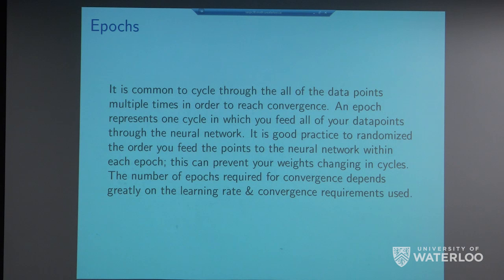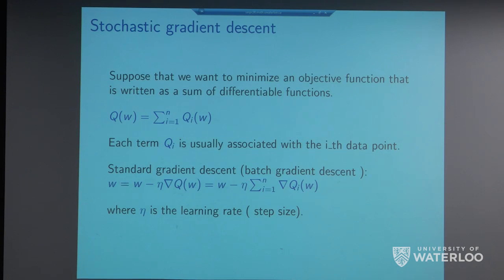And it's a very good practice if in each cycle you perturb your points randomly, you change the order, and avoid the case that you may get stuck in a periodical change of weights. So basically you feed all of the input data points and then you change the order of them and you feed them again and again and again until it converges.